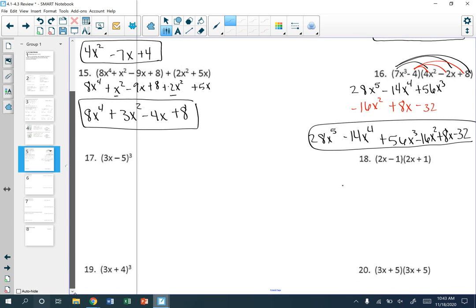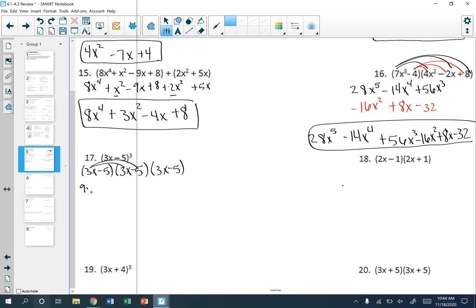All right, number 17. We know that 3x minus 5 cubed is 3x minus 5 times 3x minus 5 times 3x minus 5. Okay, so first we FOIL the first 2 terms here.